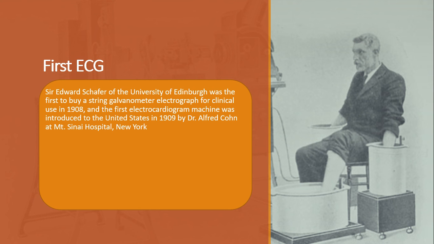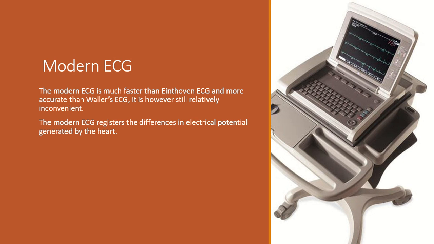Sir Edward Schafer of the University of Edinburgh was the first to buy a string electrocardiograph for clinical use in 1908, and it was first presented in 1909 by Dr. Alfred to the US.